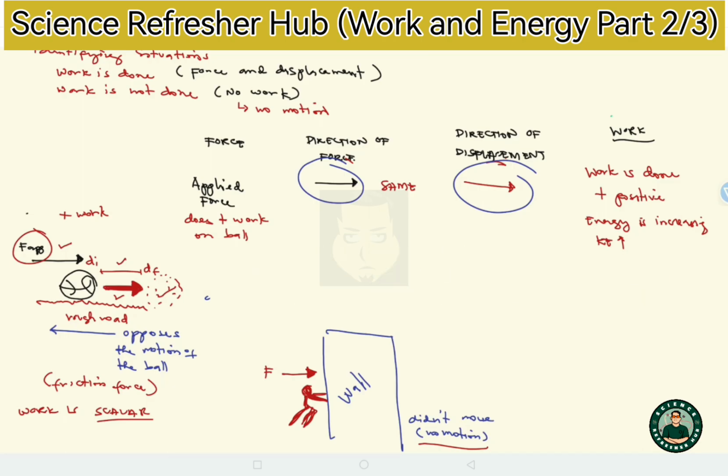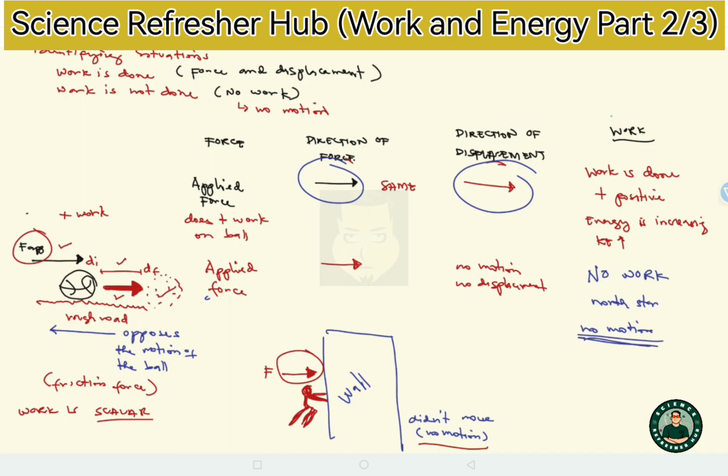What if we have an applied force, because the person is applying force to the wall, and the direction of that force is going to the right, but there's no motion or no displacement? Is there work or no work? This is an example of no work. The rule: if the situation has no motion of the object, no work is done.